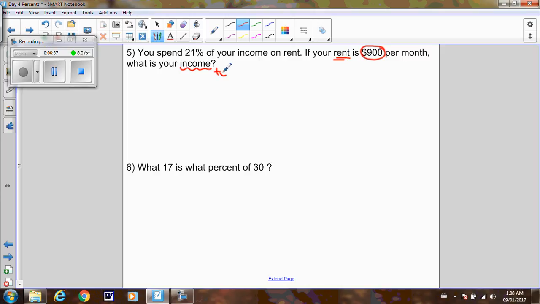So what they're asking us is to find out what the total is, right? We need to know what the total is to figure out what percentage we're paying for rent. But the nice thing is that they tell us what the percentage is, 21%. So anytime we're trying to find a total, remember we need to actually divide.